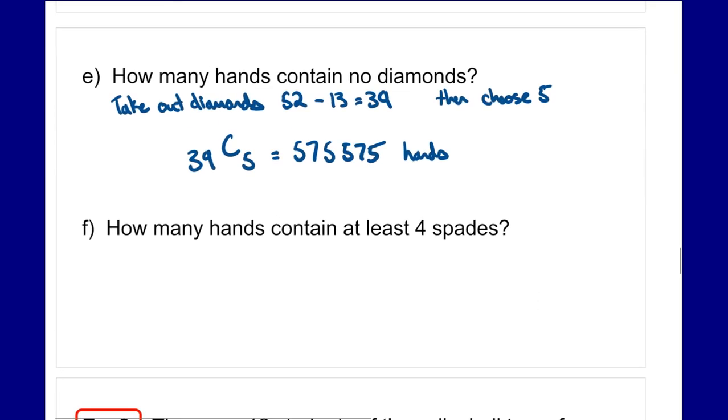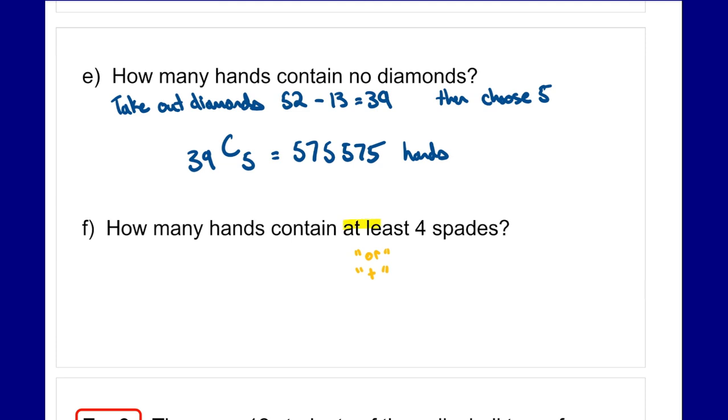Next, how many hands contain at least 4 spades? So at least 4 spades, right? At least should imply or, which implies that we add, right? Because at least, we've talked about it before, talks about multiple cases.